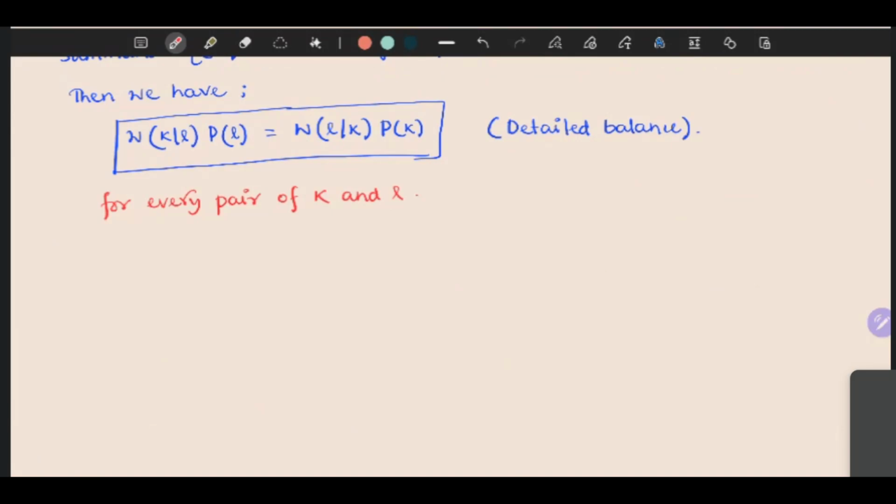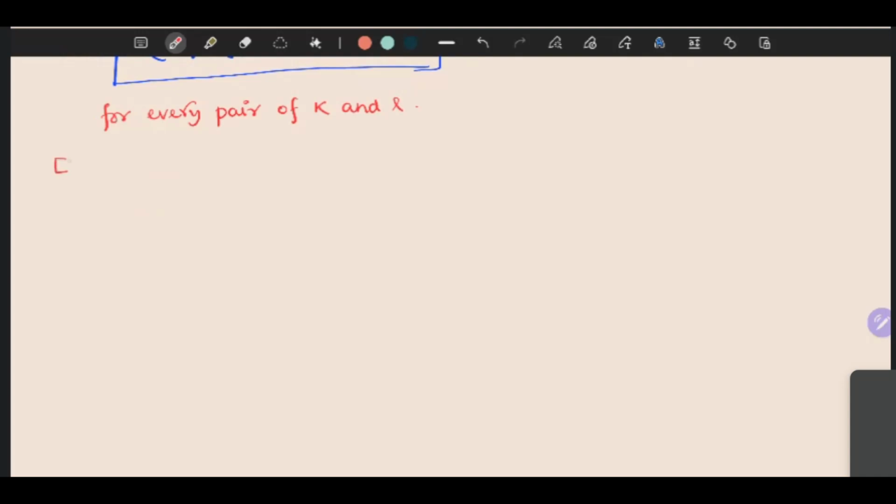So why detailed balance conditions? Some points about it. Detailed balance conditions have as their origin time reversal invariance.